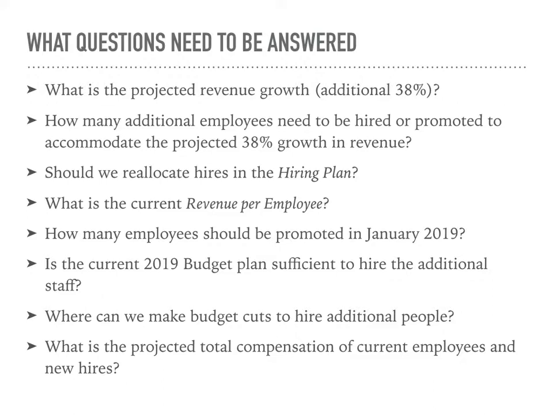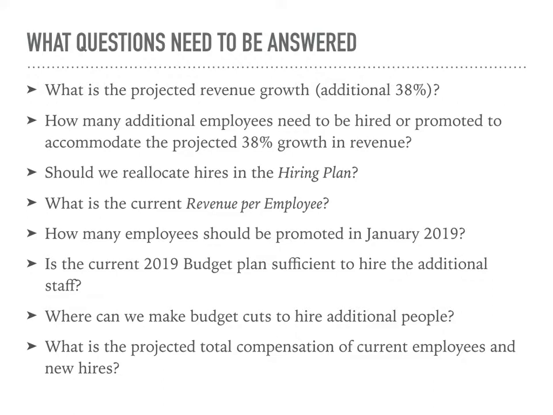Another simple analysis that proves to be very useful is looking at the revenue per employee. And I have an example of that in the Tableau exercise that I create later in the presentation. How many employees should be promoted in January 2019? The case study indicates that the company likes to hit a projected goal.